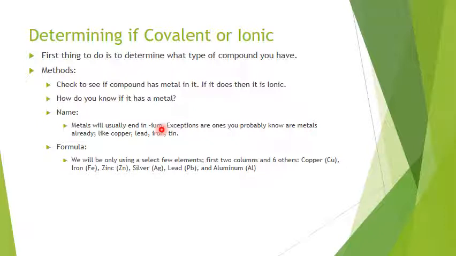Now, there are a few metals that don't end in IUM, but I'm pretty sure you would know that these are metals, like copper, lead, iron, tin, zinc, silver, gold. So not all of them end in IUM, but the ones that don't, you probably know.